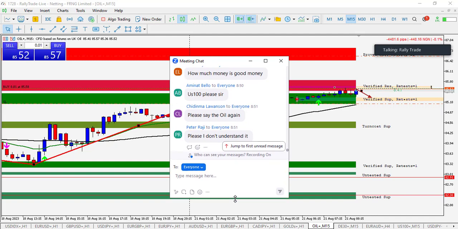Okay. So if you have 100K and above, and you want to take the oil trade, right, 0.01 to start with, then of course, if the market gives you much more opportunity, you can enter more. You're asking me to review the oil again. We don't have time. We have to look at indices, right? We must look at indices, guys.